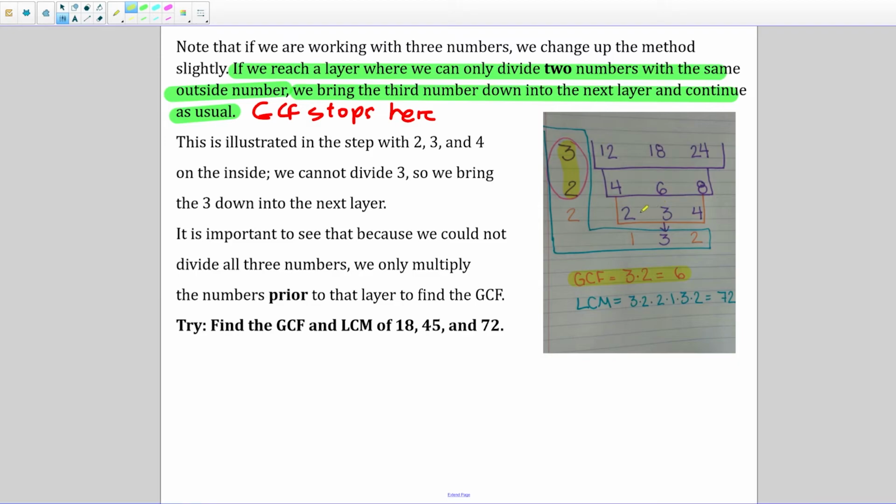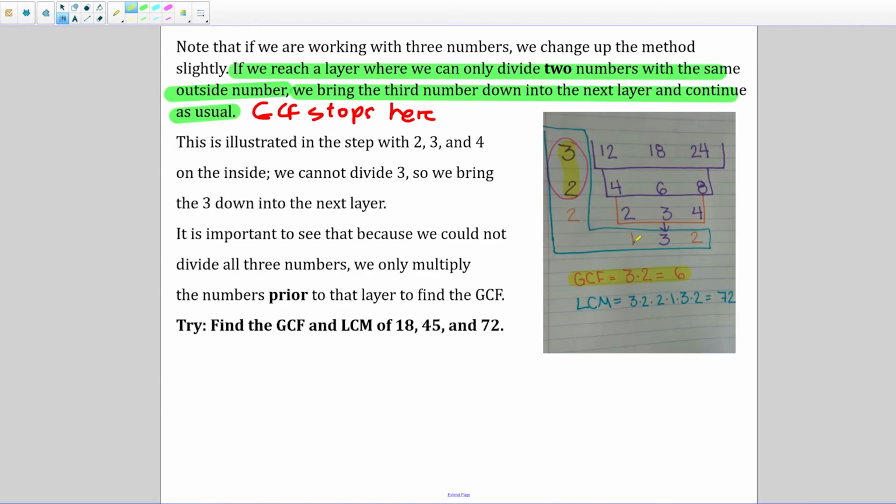What I have to keep in mind is that I can divide two of them by the same number. So I'm going to divide the 2 and the 4 by 2. 2 divided by 2 gives me 1, and 4 divided by 2 gives me 2. The last thing I need to do is note that I'm bringing this 3 down and it remains unchanged.